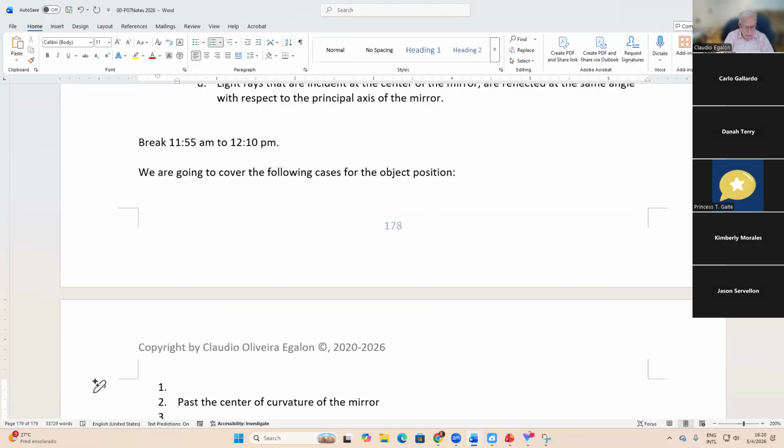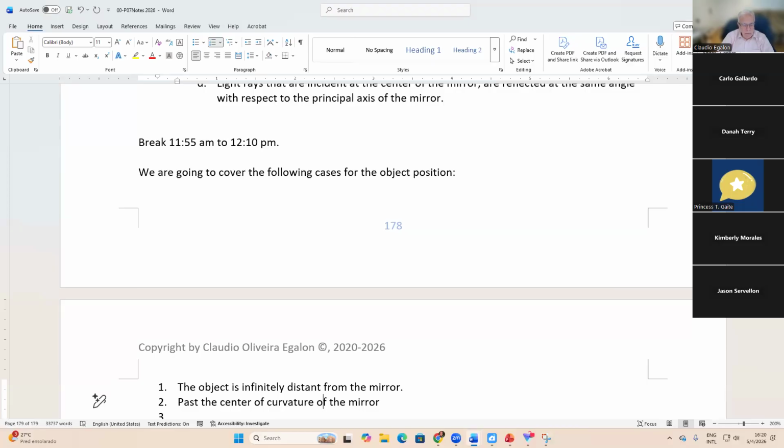I didn't cover that, but we're going to add it: the object is positioned infinitely distant from the mirror. That's a special case I didn't illustrate, but it is an important one.